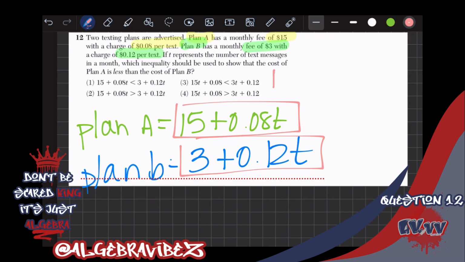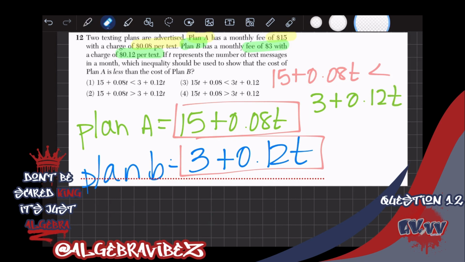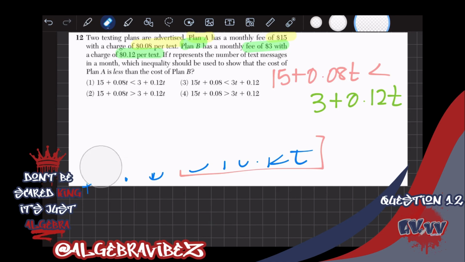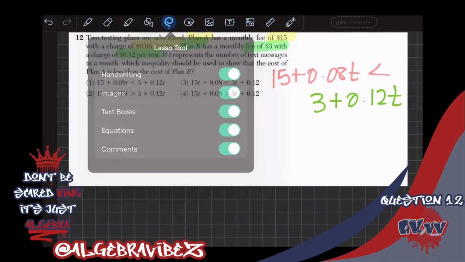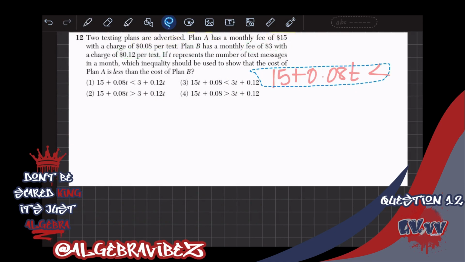So Plan A, 15 plus 0.08 T is less than our Plan B, which is 3 plus 0.12 T. So now getting rid of all of this stuff to make it less daunting, I'm going to try to do something fun and fancy real quick. Oh, I guess I can't do it. So, no big deal.